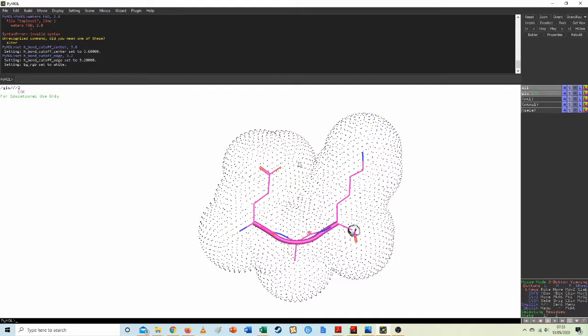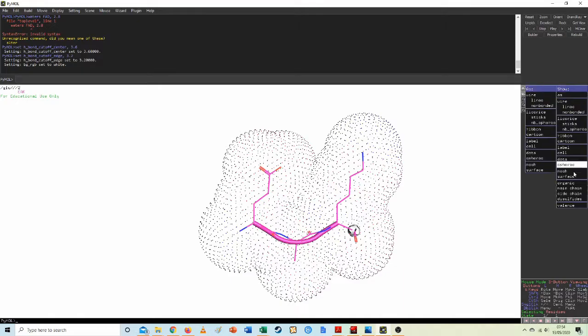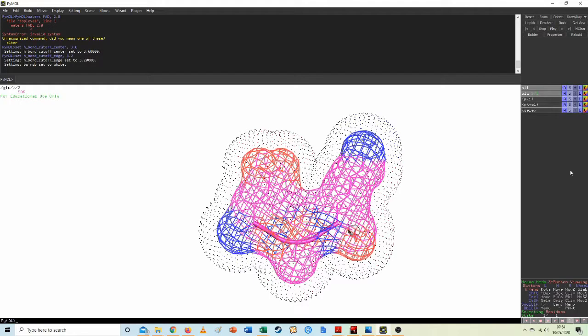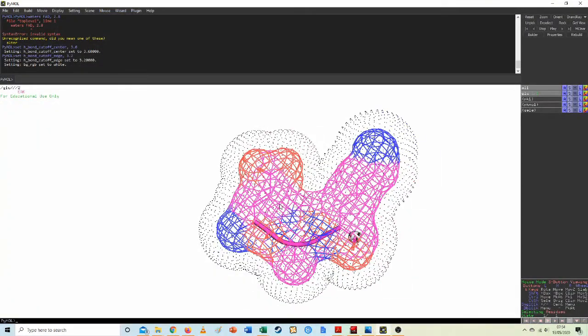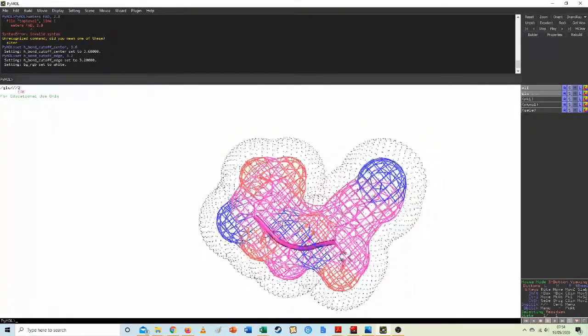Right, once again, if you want to do this yourselves, you can get up to this point by just changing the background and the system of showing. You could do dots or the mesh surface, so that's a mesh surface in there like that.